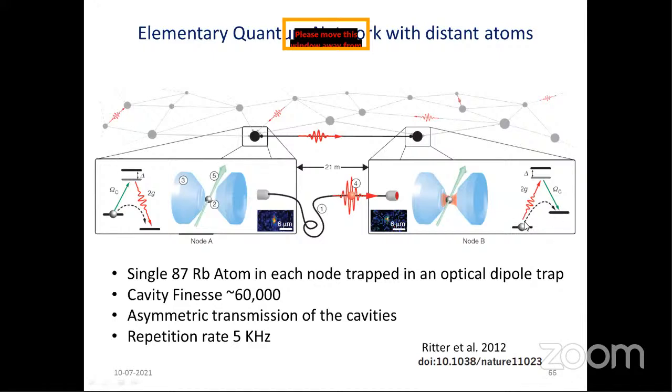So you basically do a coherent state manipulation of a distant atom based upon the state of the atom which is located at, say, this node A. So these are distant atoms which are coupled with each other via photon, and this is your quantum information transfer in a quantum network.